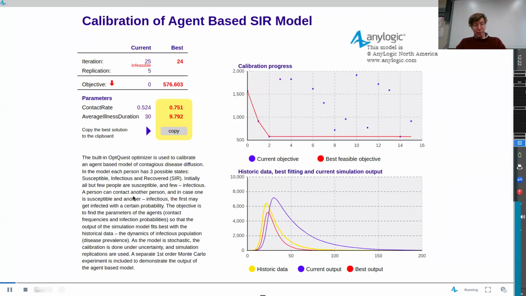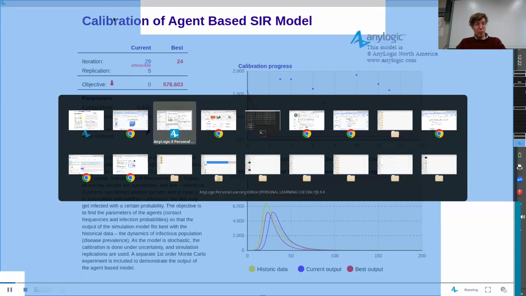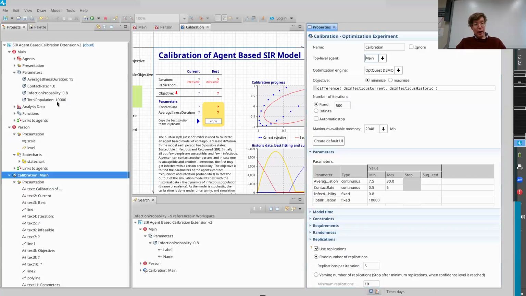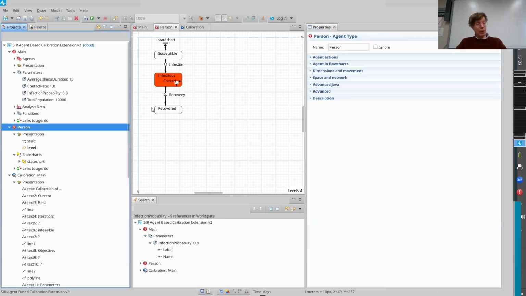Okay, so next, I'm going to stop this. I'm going to examine an impact of model structure on calibration.